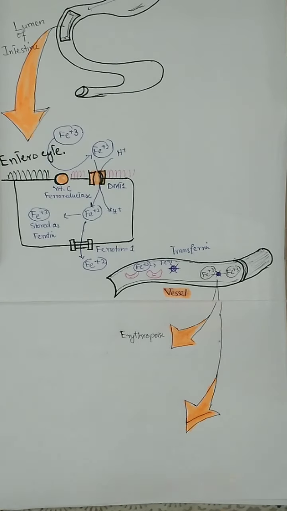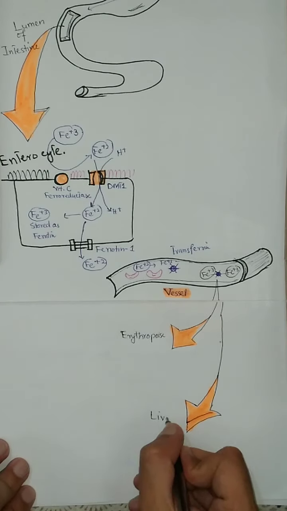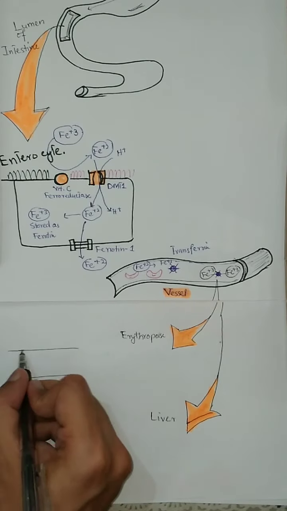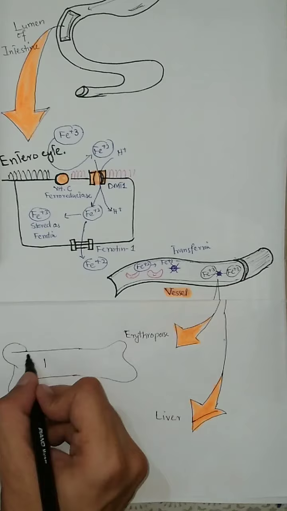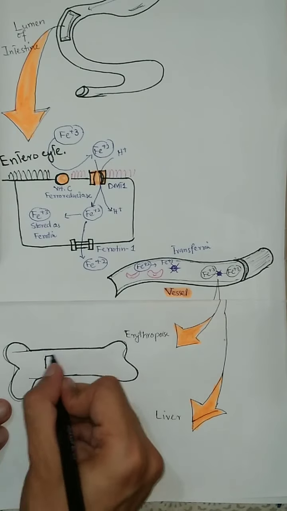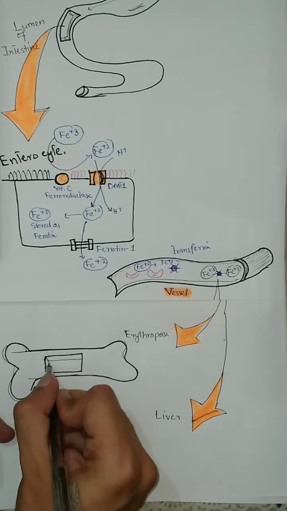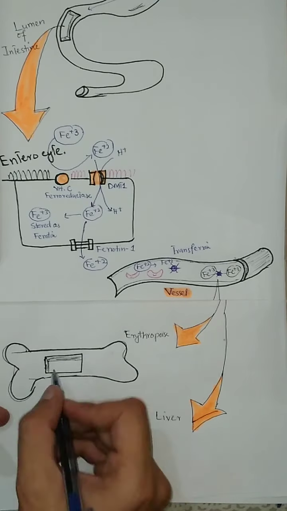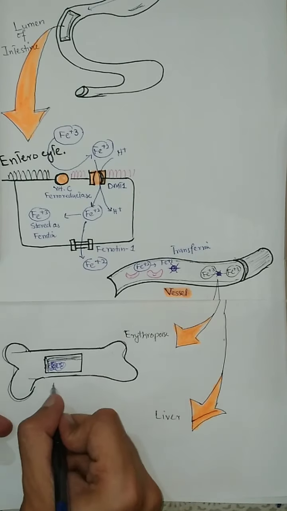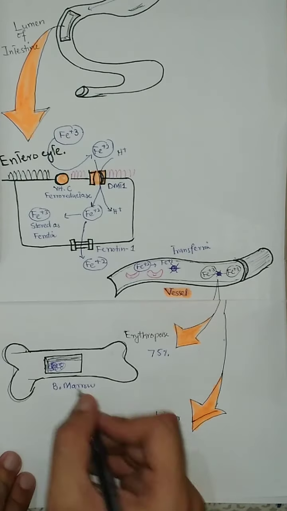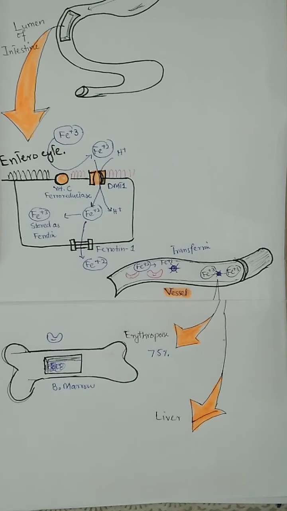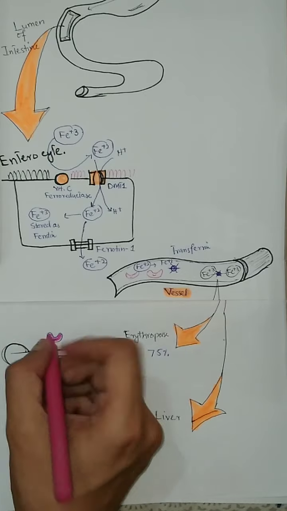Inside the bone marrow, this iron is used in erythropoiesis. About 75% of the absorbed iron is used in erythropoiesis. On the surface of the RBC, there is a receptor for binding of transferrin. Transferrin binds to the RBC and iron is transported.